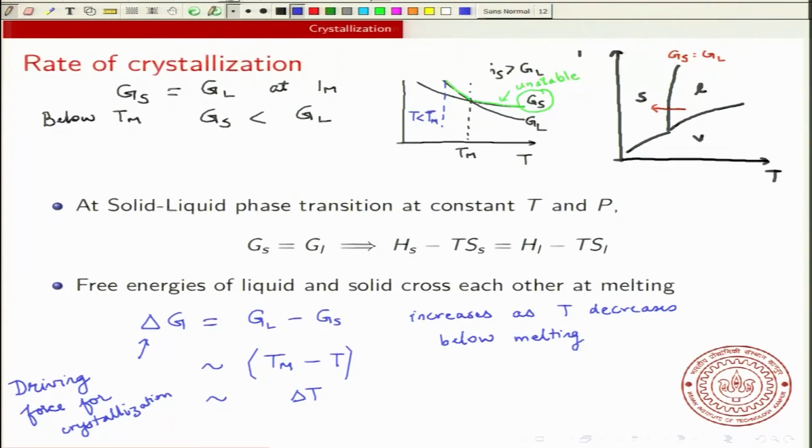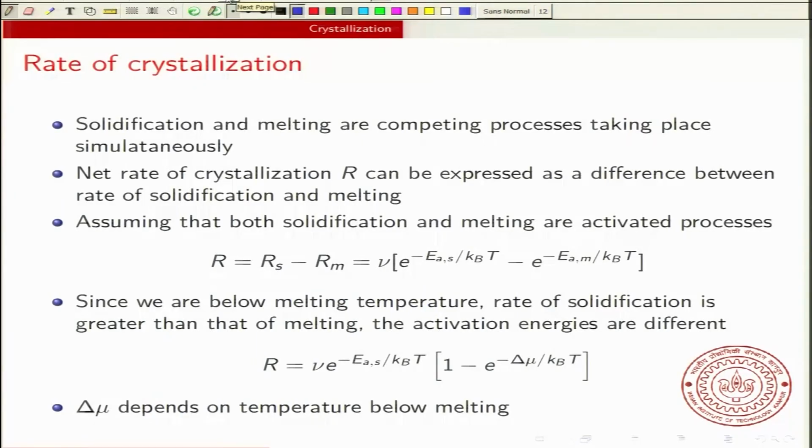Okay. Now again there is a difference, because what we are interested in is the rate of crystallization. And the rate of crystallization is a question about the kinetics of crystallization. It's probably best to show this through a little illustration.